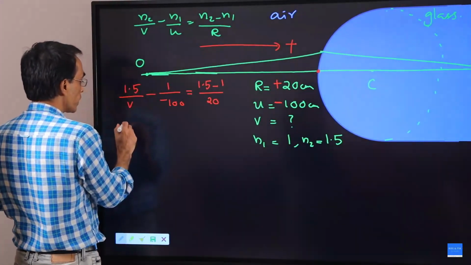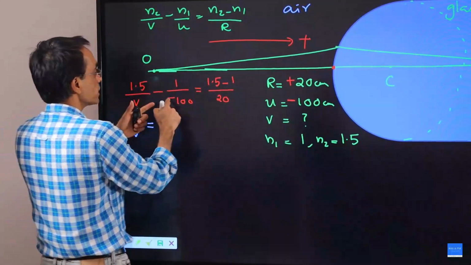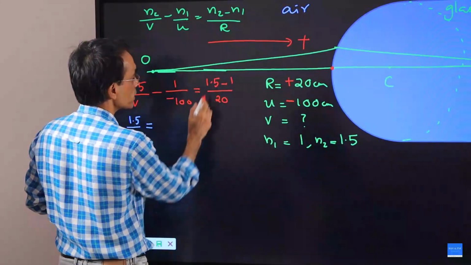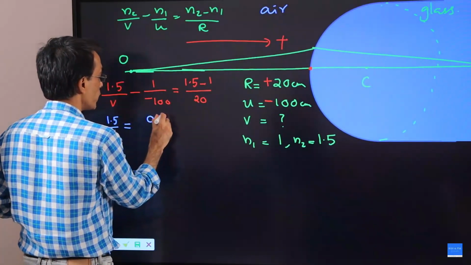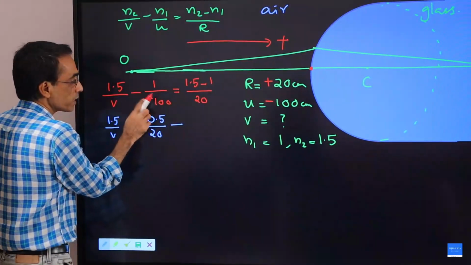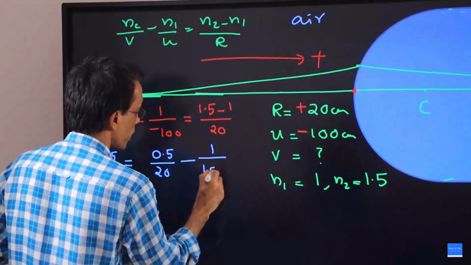I want V, so I will keep this as 1.5 by V here equals, I will take this minus and minus plus, but that will go there, it will become minus. 1.5 minus 1 is 0.5, so that is 0.5 divided by 20, then minus, see, minus and minus become plus, but when I take to the other side it will become minus again by 1 by 100.